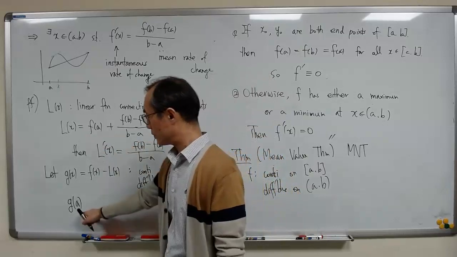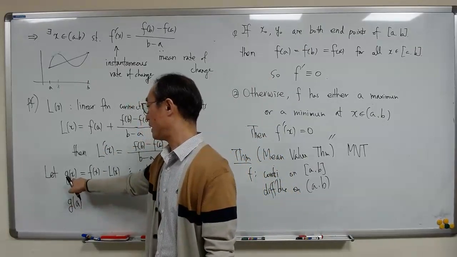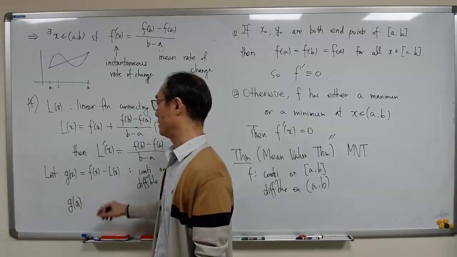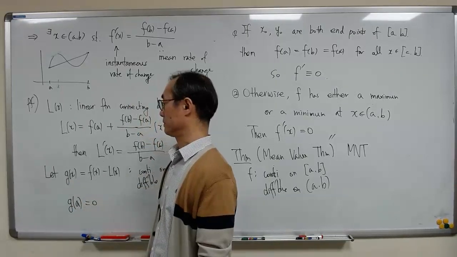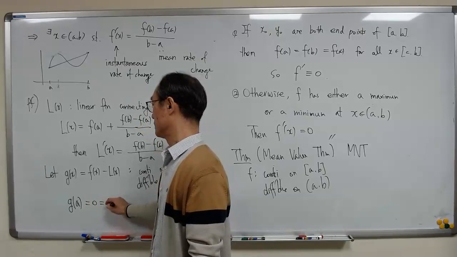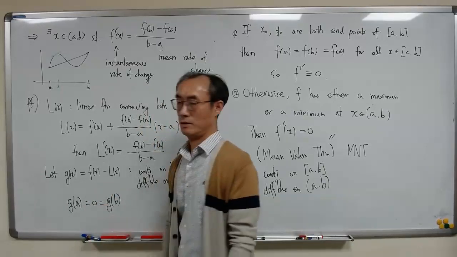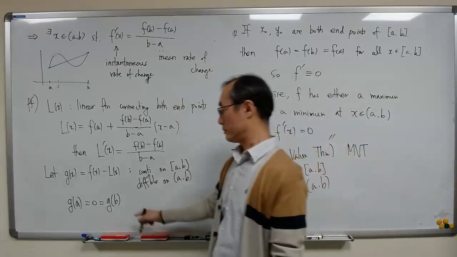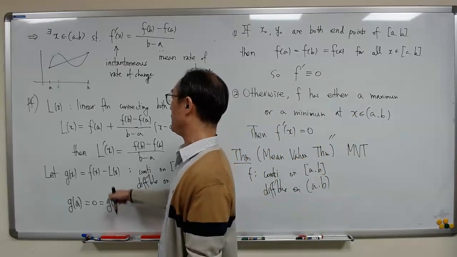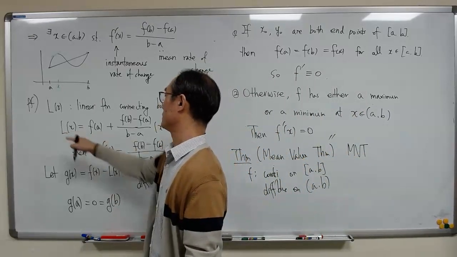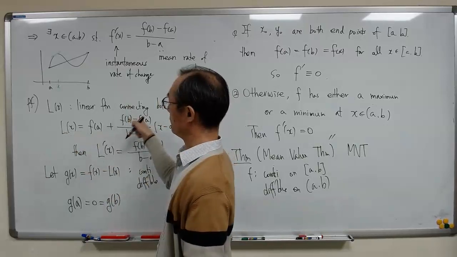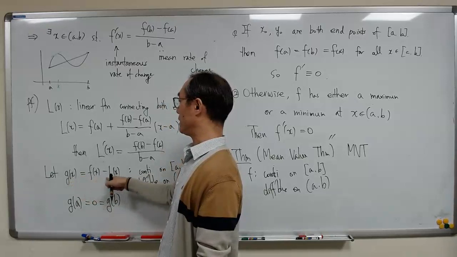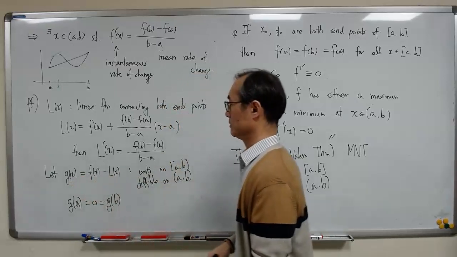That means if you put a for this variable x, you're going to get f of a minus f of a, which will be 0. And also, g of b is 0, too. If you put b for variable x here, you're going to get f of b. So g of b will be f of b minus f of b.